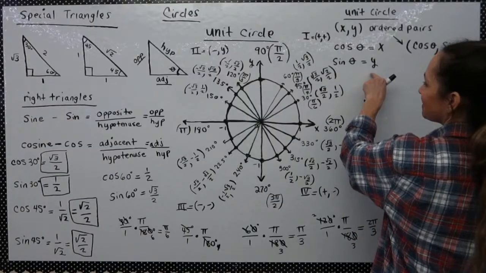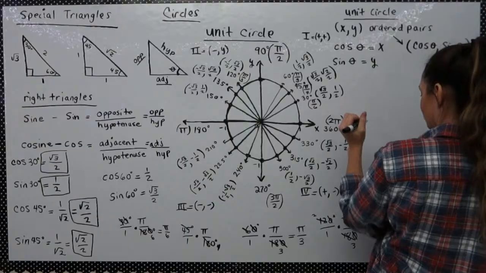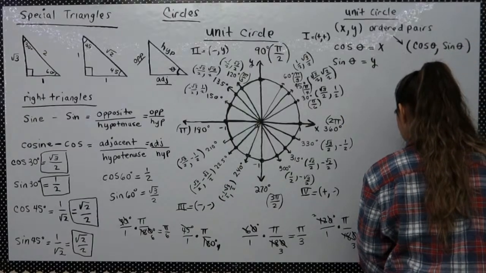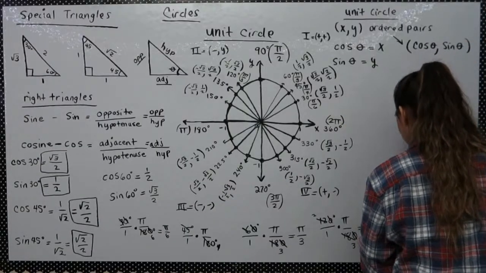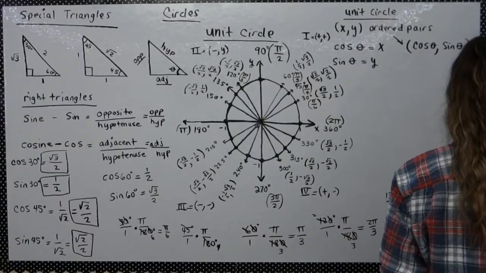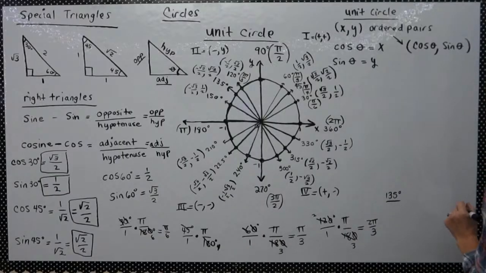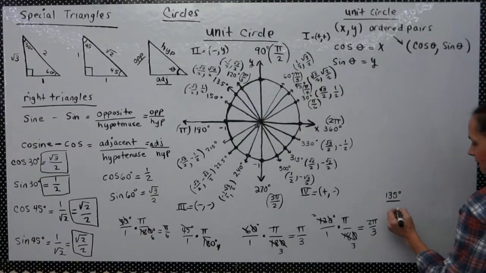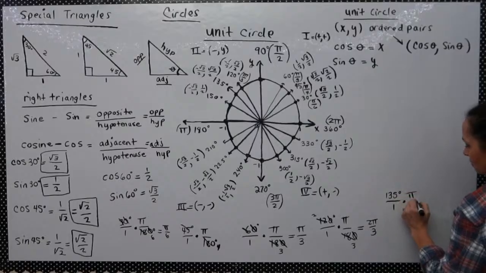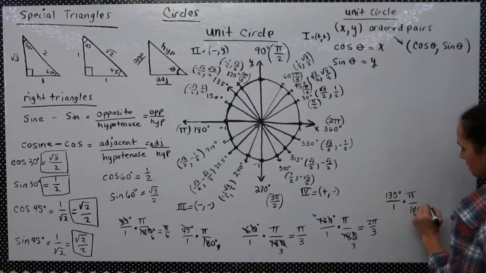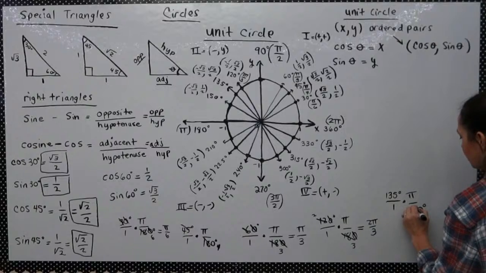I'm silly. All right, 135. 135, and see if I can get out of the way. Over 1 times pi over 180. And this one, I know they both go into 5.